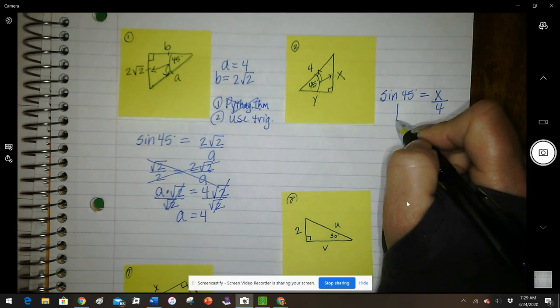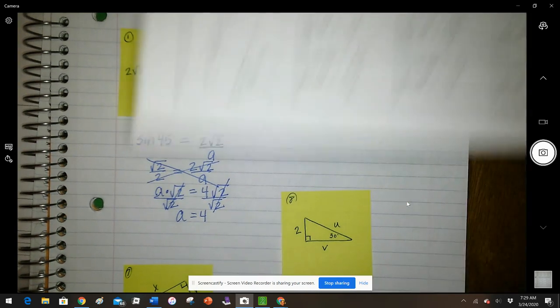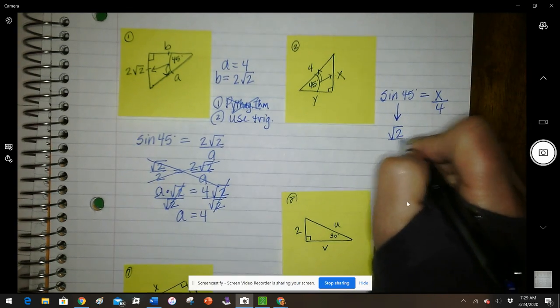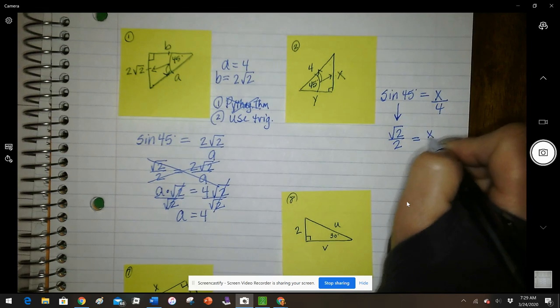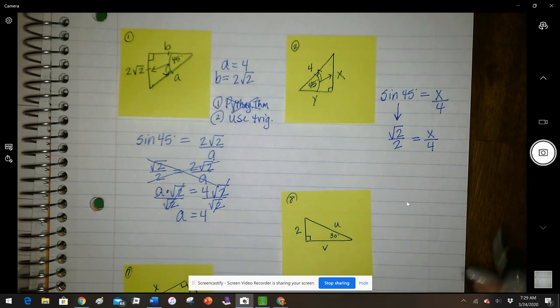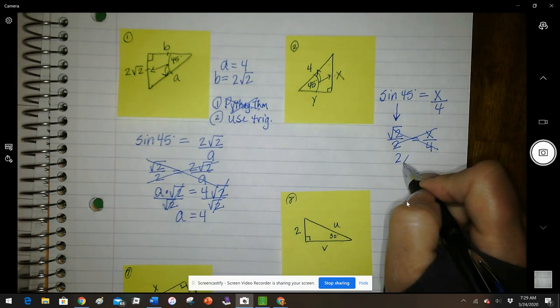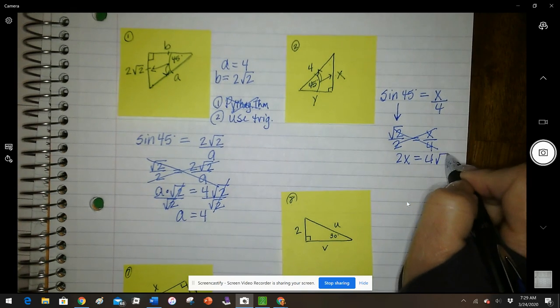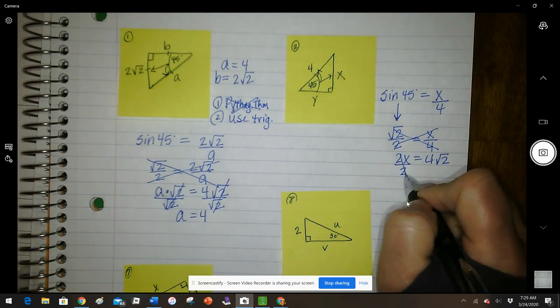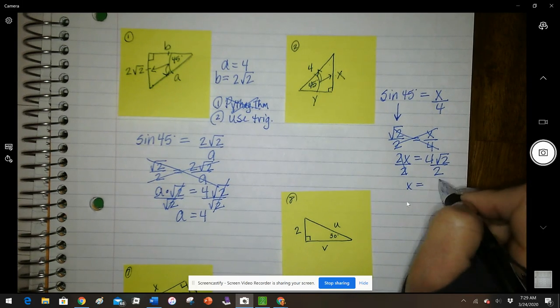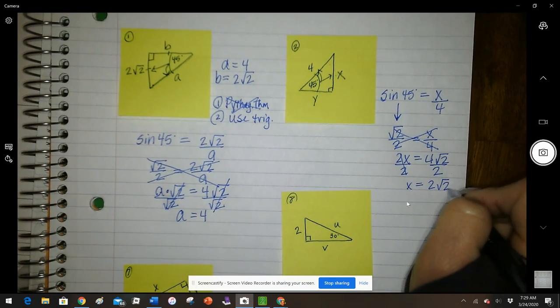Again, the sine of 45, if I use my little chart, is root 2 over 2, and that equals x over 4. I'm just going to do some cross multiplying and get x by itself. So 2x is going to equal 4 root 2. Divide both sides by 2 and simplify, and I get 2 root 2.